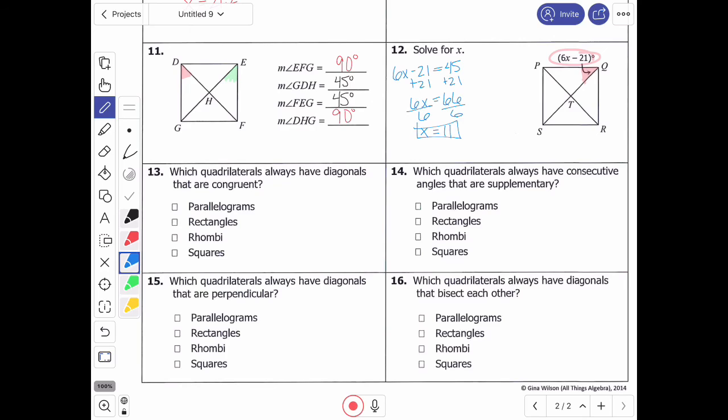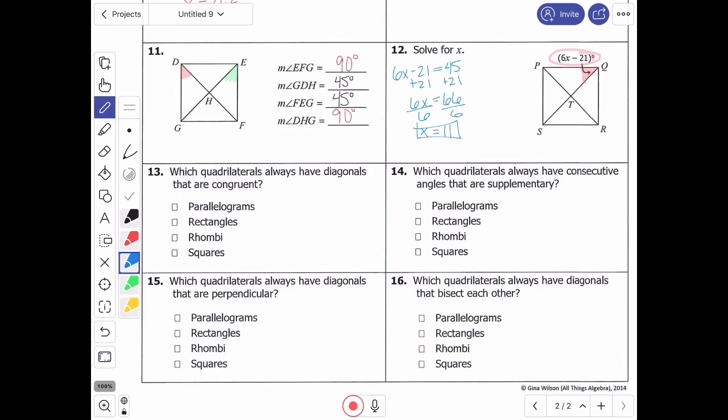All right, so for 13 through 16, I highly recommend having your note sheet from yesterday, because that has probably the best notes section of every single property for all the quadrilaterals that we've talked about, and it'll be really easy to distinguish which ones you should mark off for each of these properties.